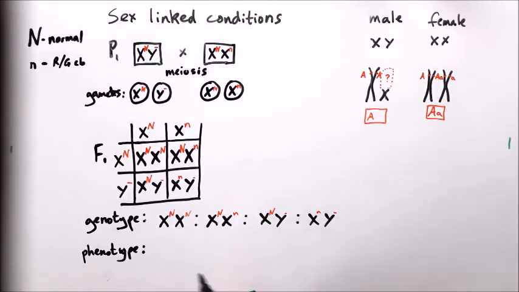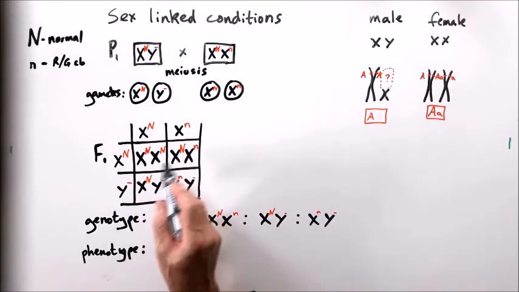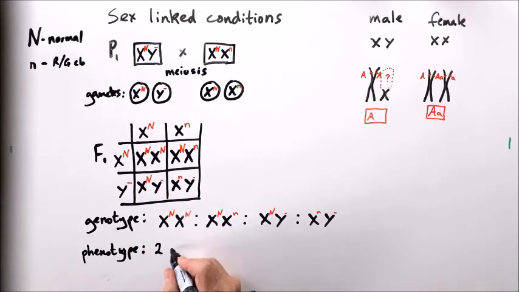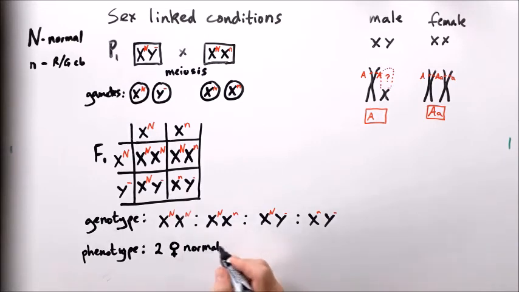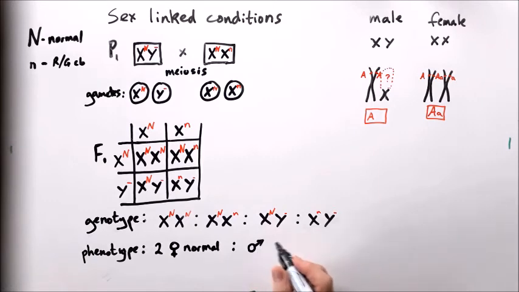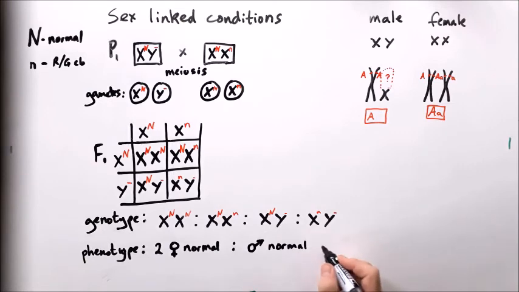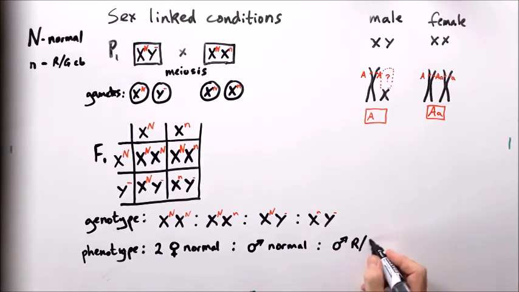The phenotype would be, and now it becomes interesting, there'd be two females, I'm just going to abbreviate with a symbol like that, two females with normal vision is to a male with normal vision is to a male that is red-green colorblind.